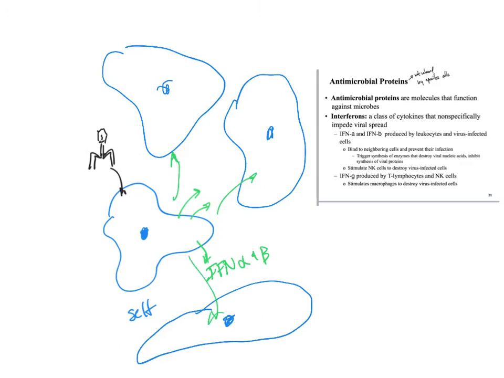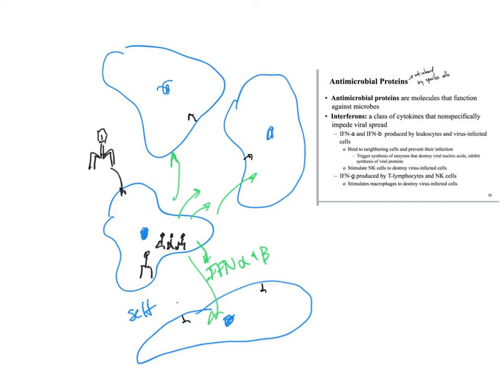So when the virus starts to overtake the cell and virus particles are produced, it actually stops the adjacent cells from being infected. In order for a virus to attach to a cell, it has to attach to a specific receptor. So the interferon comes in and maybe makes the receptor be internalized so a virus can't attach. It prevents the spread of viruses.